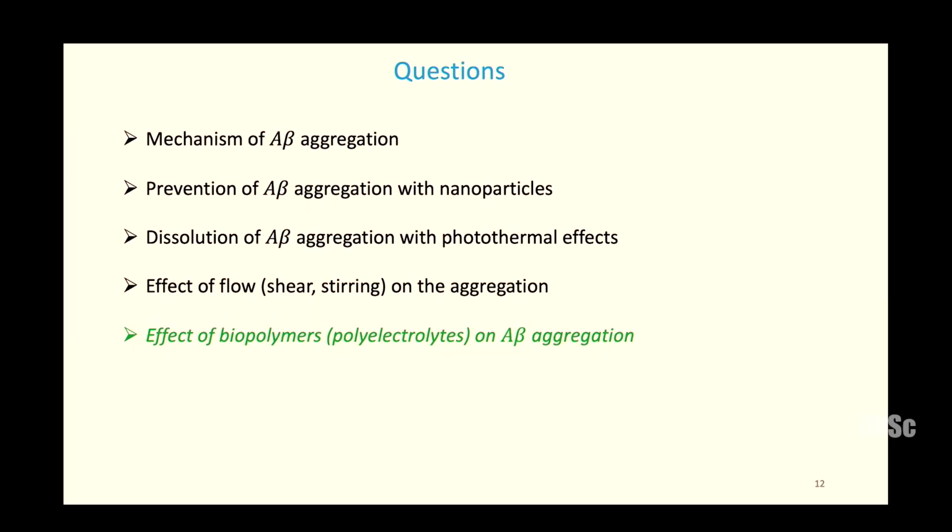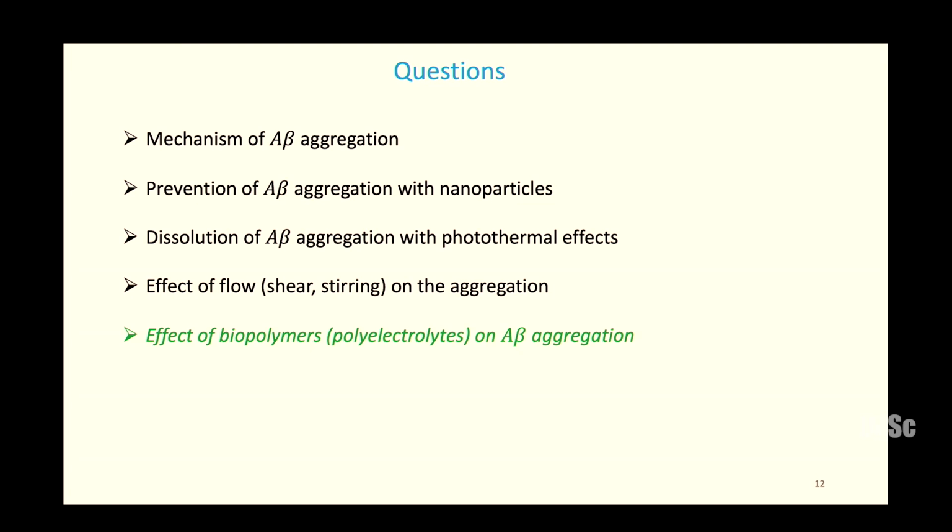Now, we were actually looking at this problem from multiple aspects. We want to understand what is the mechanism of this amyloid beta aggregation, and how do we interfere or prevent this aggregation through some sort of additives, and then also how do we actually disintegrate or disassemble these aggregates even after they form, whether this is reversible or not.